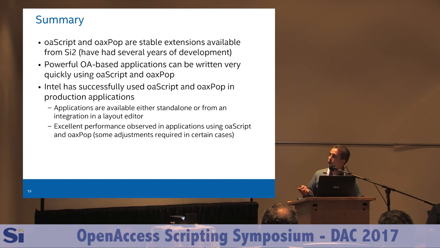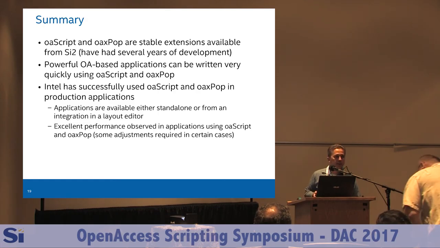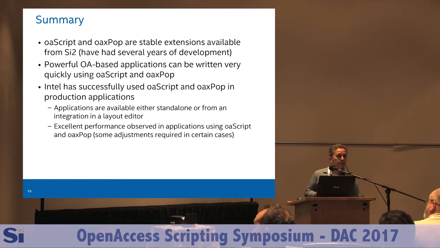And Intel has successfully used both in our production applications. We've been able to do that with standalone applications and also applications integrated in the editor, and the performance is really great. So, like I said, we're very happy with it, and it's extremely powerful. I guess that's it.